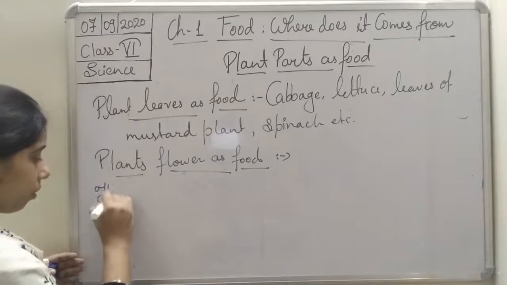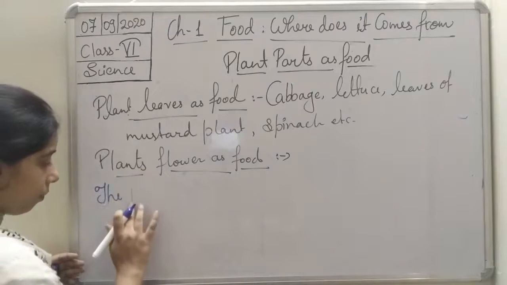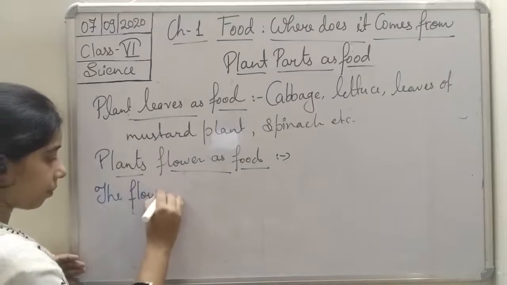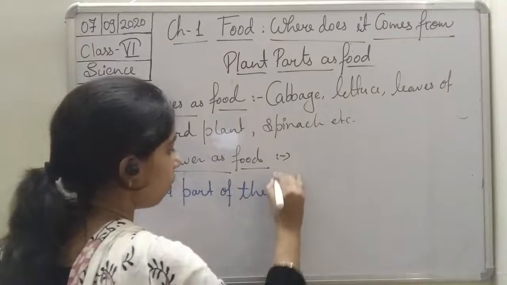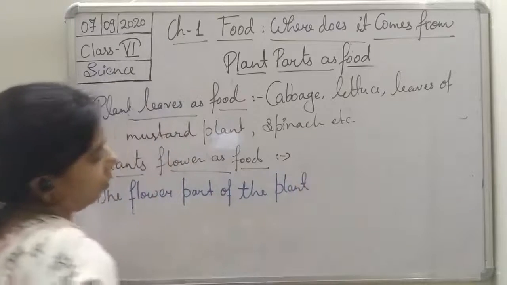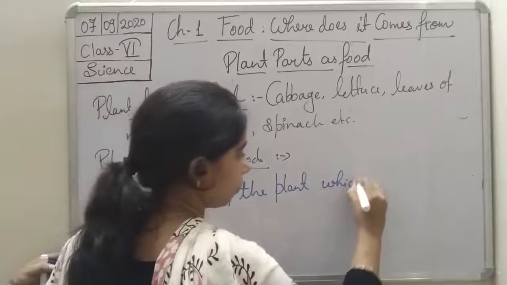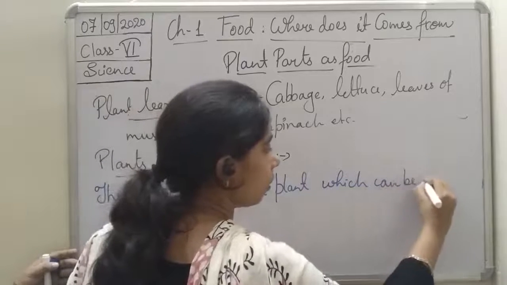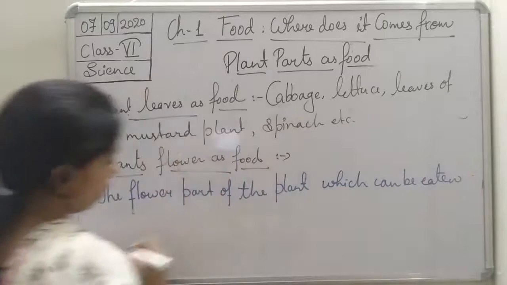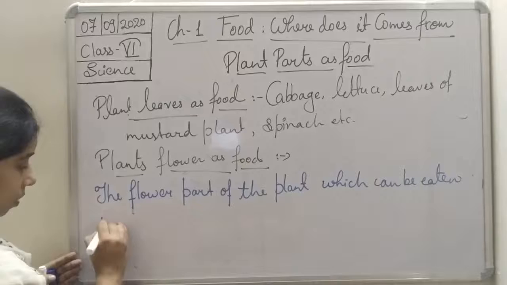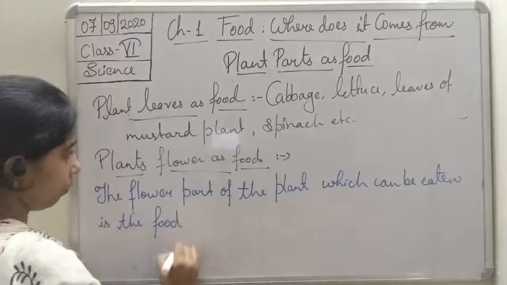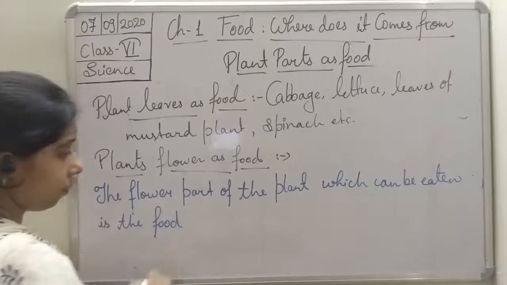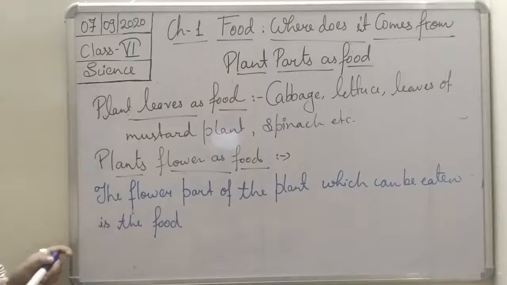So the flower part of the plant which can be eaten is the food. Plant flower as food.